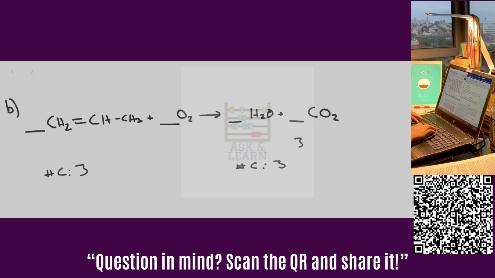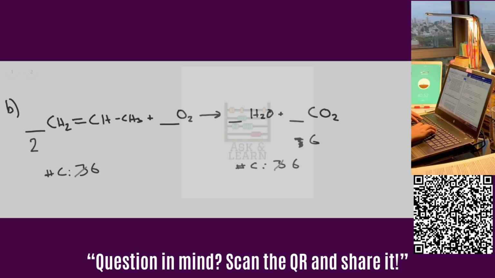But we remember the problem that we had previously with an odd number of oxygen atoms. So let's double it and put 2 here and put 6 here, which gives us 6 carbons.